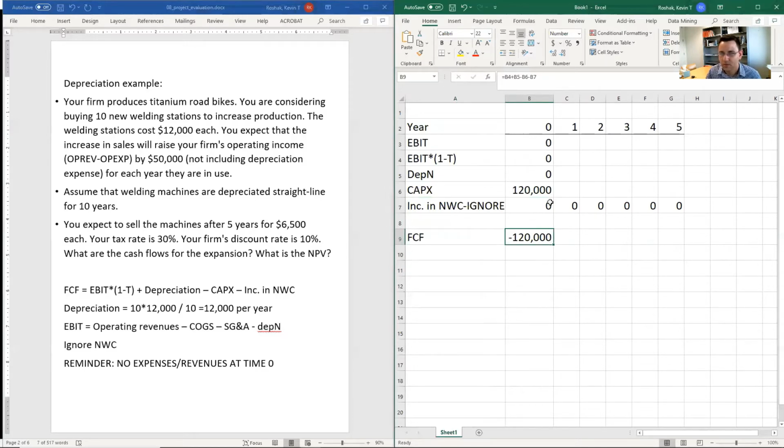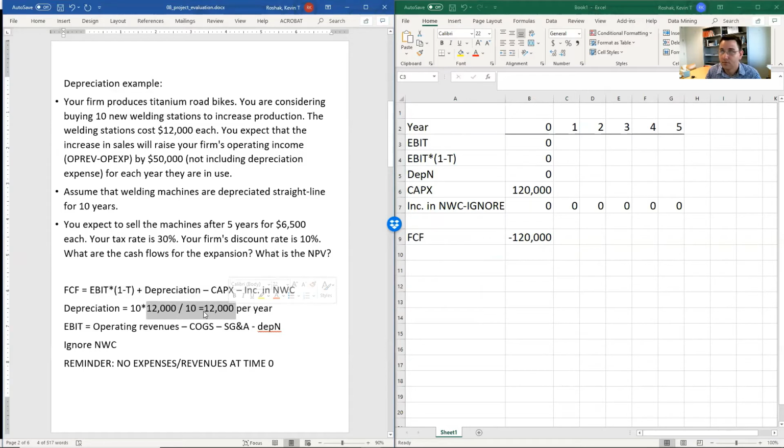So time 0 in these type of problems is relatively straightforward. All you're doing is buying the welding stations. And that's it. Now what happens going forward is these things are going to be generating sales and expenses. We saw that depreciation is the easiest thing to tackle next. Straight line depreciation is trivial to calculate. You just divide the asset value of 12,000 by 10.